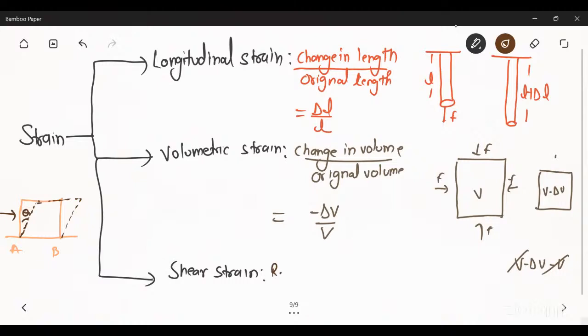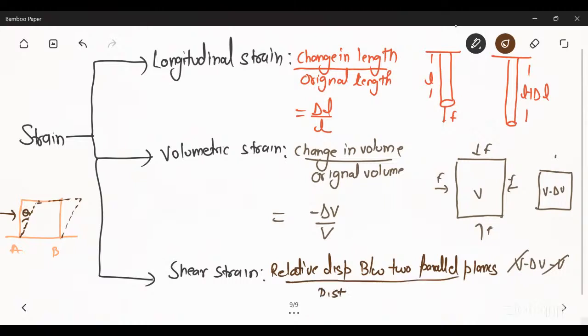Relative displacement between two parallel planes upon the distance between the parallel planes, which is equal to theta. Okay, so this is shear strain.